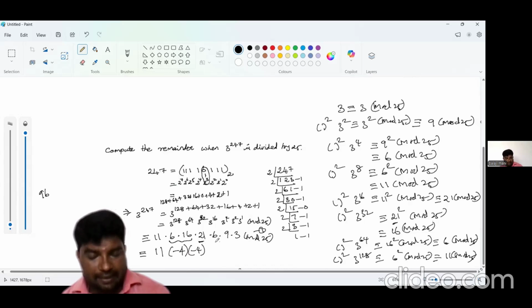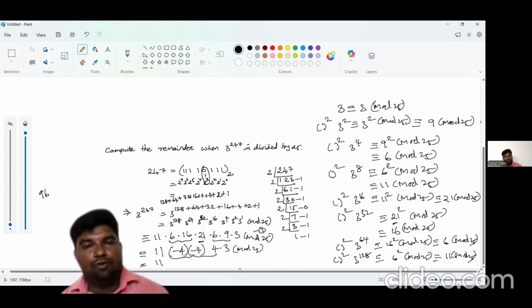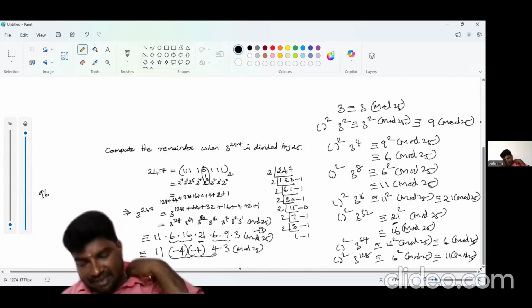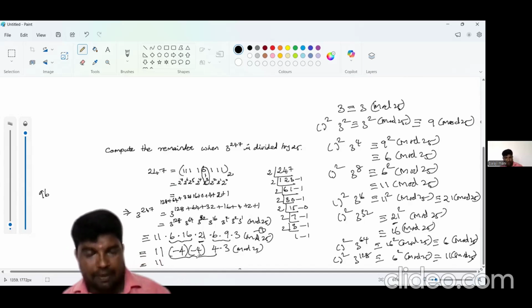Then 6 times 9 is 54, with positive remainder 4, times 3 modulo 25. So from the product of these, 4 fours are 16, 16 fours are 64, the remainder is 14, times 3 modulo 25.